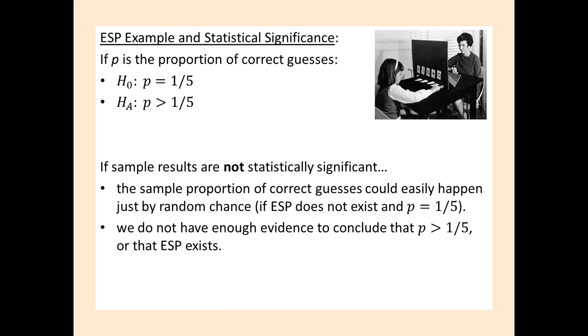So that's not going to come back as statistically significant. You wouldn't be able to conclude that P is greater than 1/5 from that, but you also wouldn't conclude that P equals 1/5. Not if P hat is 0.22. That doesn't make any sense. When you don't have a statistically significant result, you end up with a conclusion that's a lot weaker, but that's just the nature of how this works logically.